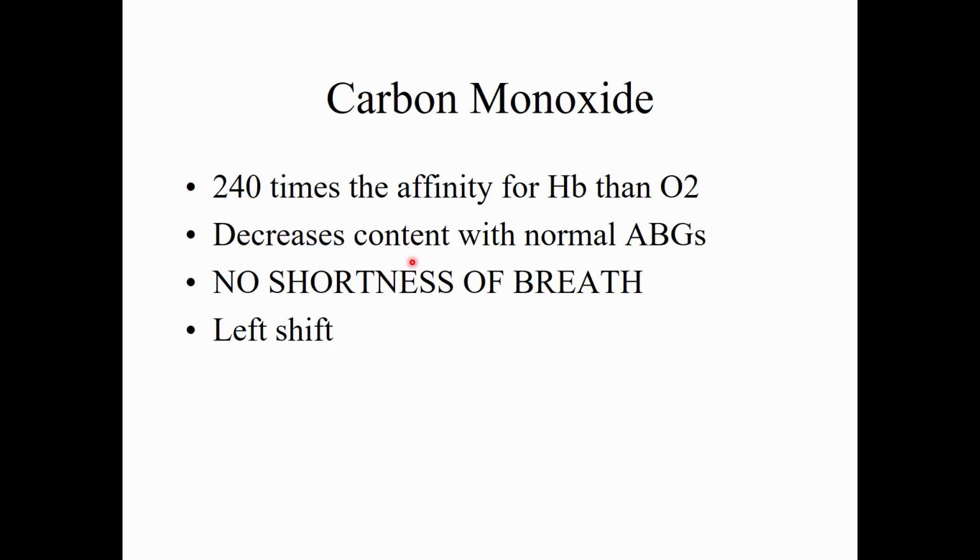So it decreases the bound content of oxygen. But if the person is breathing normally, their arterial blood gases, and what I mean by that is their PO2 and their PCO2s, will be normal. And because PCO2 is normal in the early stages, there's no shortness of breath. People don't know what hit them.